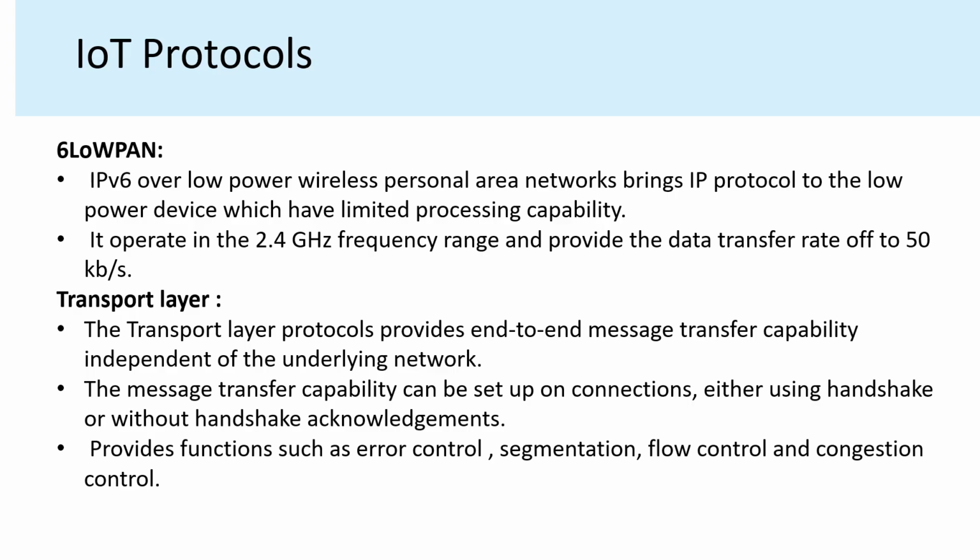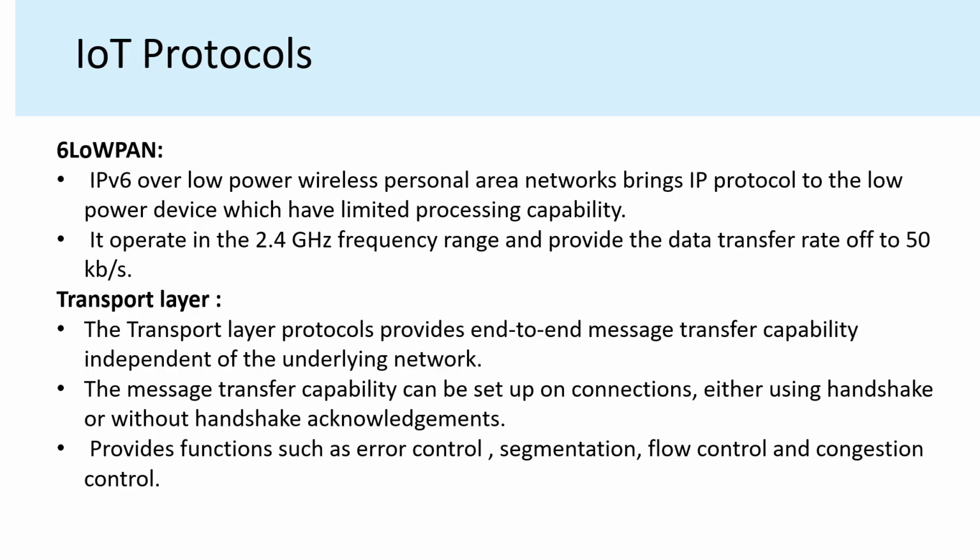The transport layer provides end-to-end transfer capability independent of the underlying network. The message transfer capability can be set up on connections either with handshake or without handshake acknowledgements.